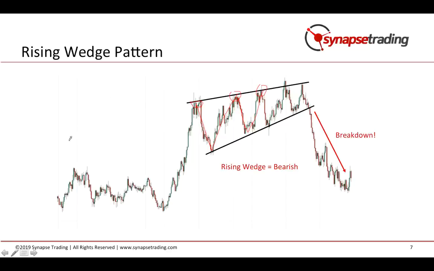Because in a normal uptrend, you can see that the distance between the highs is either increasing or pretty consistent. Whereas down here you can see that the distance between the highs is getting less and less.